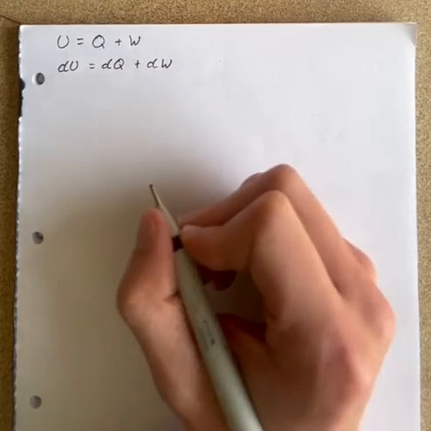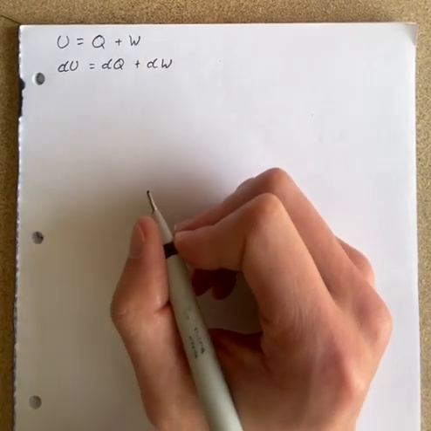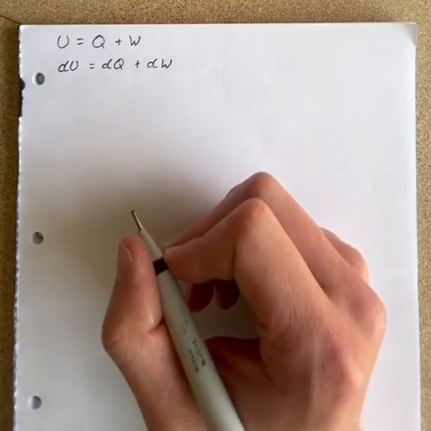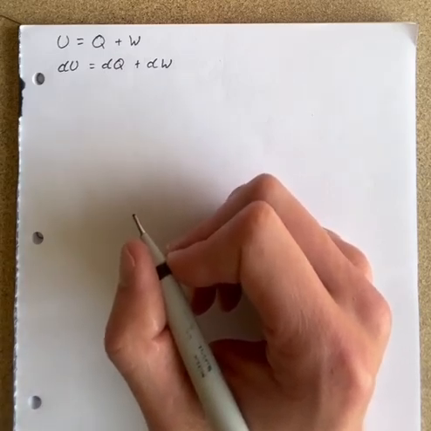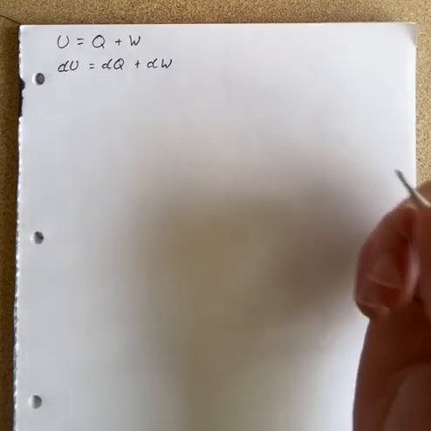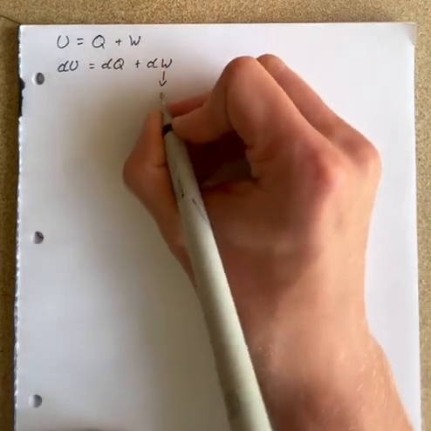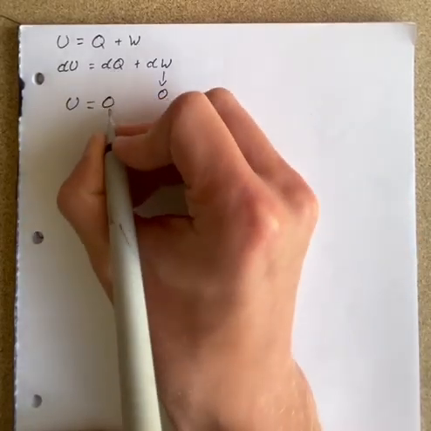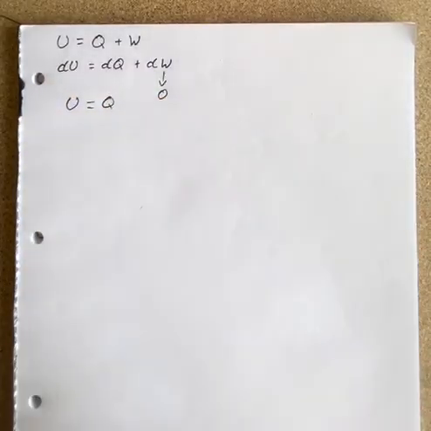So in a closed system, what is the internal energy of, let's say, a gas? If we're not doing anything to this system, it is literally just the heat. So when work is 0, the internal energy is simply the heat energy of the system.